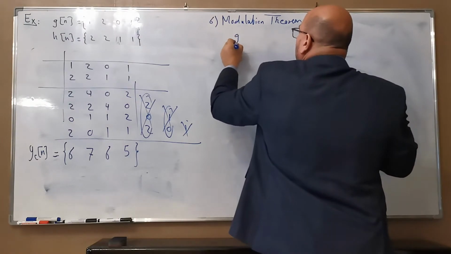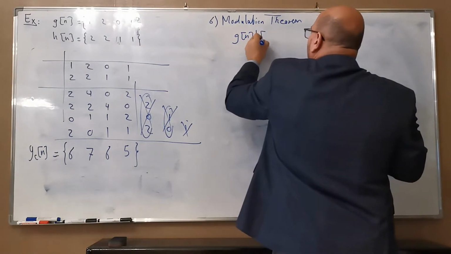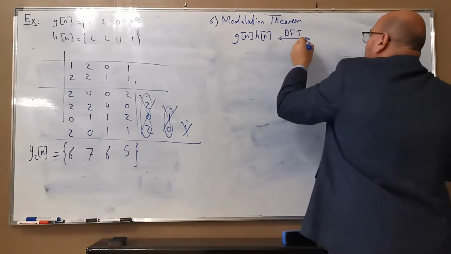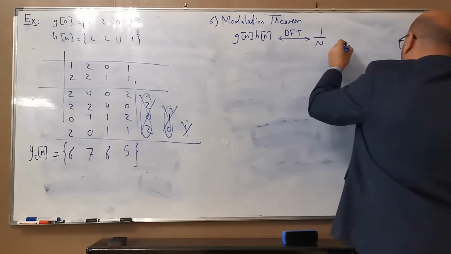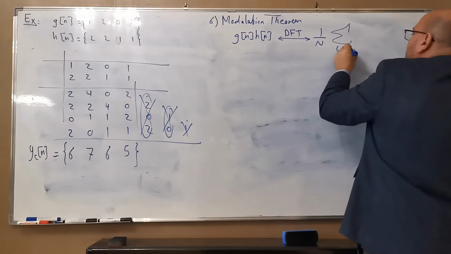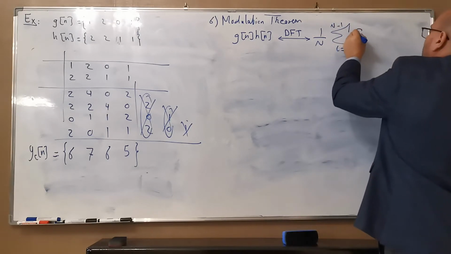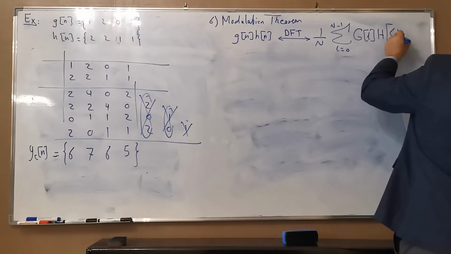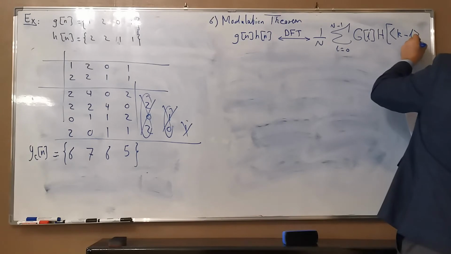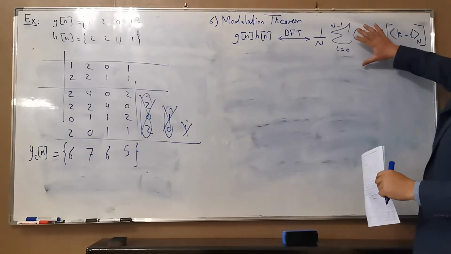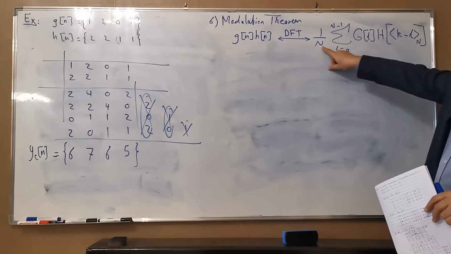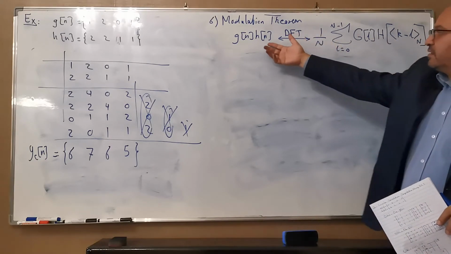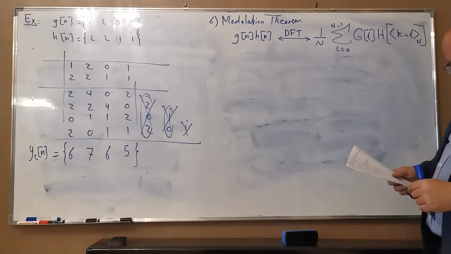It says that if you have g of n times h of n in the time domain, then it has a convolution in frequency, with the form 1 over N summation from L equals 0 up to N minus 1 of g of L times h of k minus L modulo N. This is a convolution sum, but scaled with 1 over N. So this is the modulation theorem.